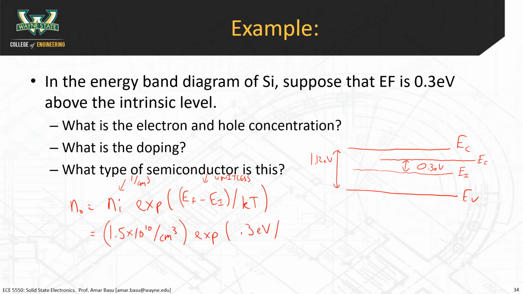And from the previous slide, this is why I brought up the units and constants, that kT term is equal to 0.026 electron volts. It's a very simple calculation here. So 0.3 divided by 0.026.